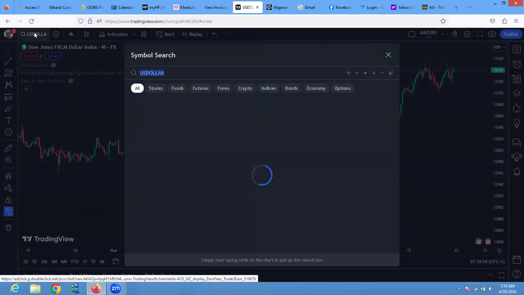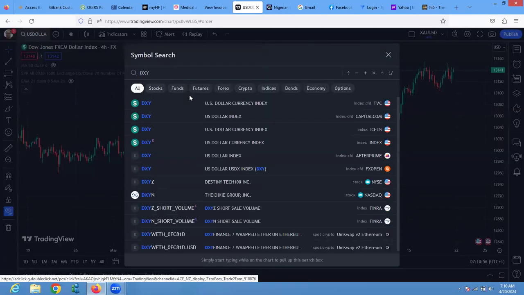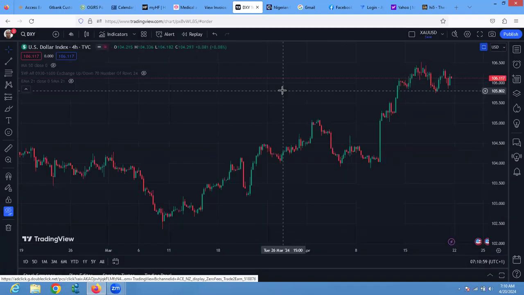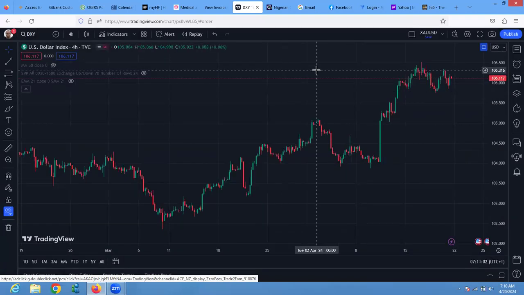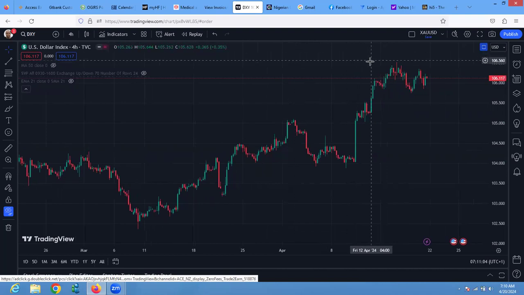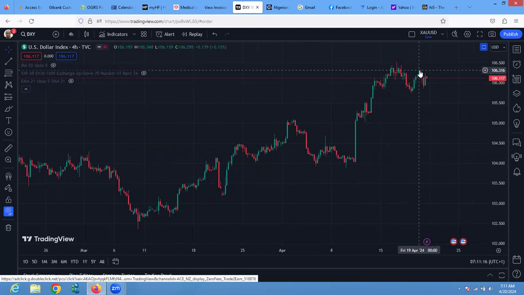Now on DXY, DXY is rather interesting for me because the reaction here did occur at 88, unlike in US dollar, where we had wave one of the ending diagonal pushing up.